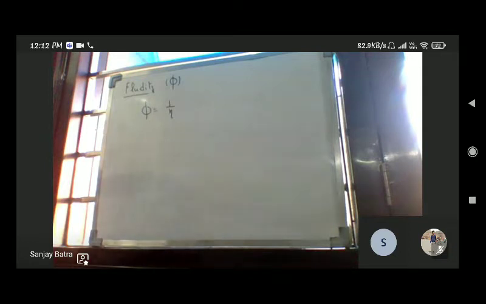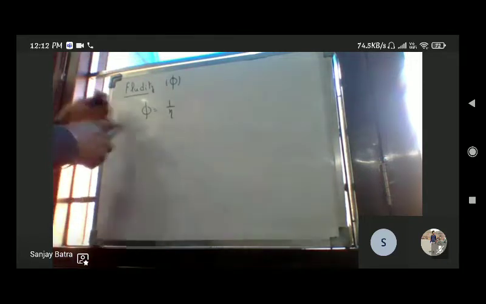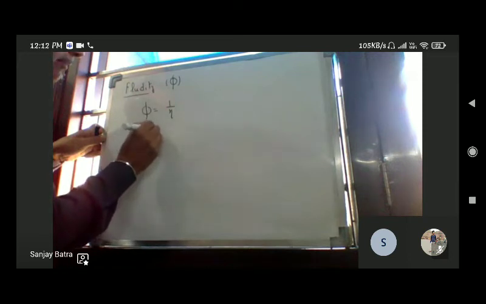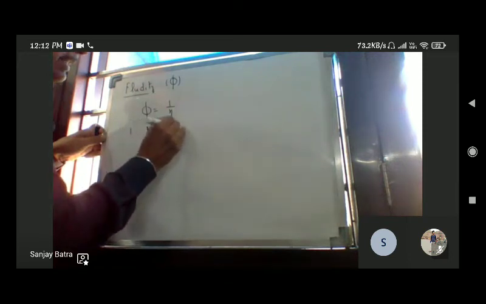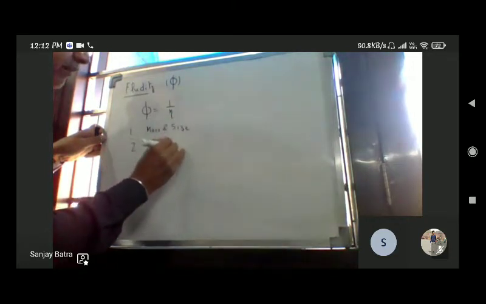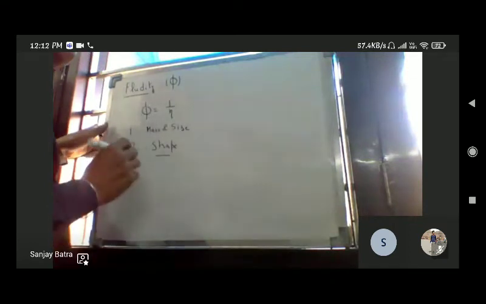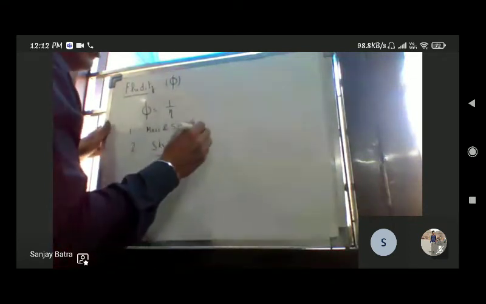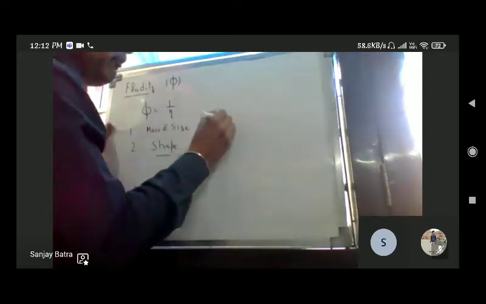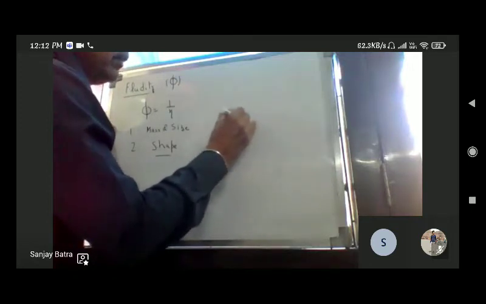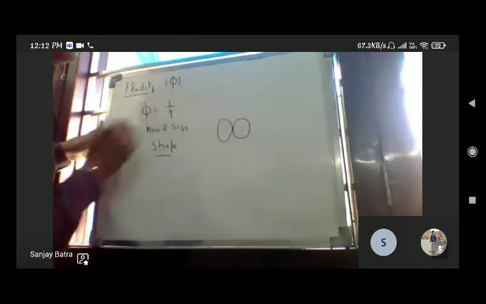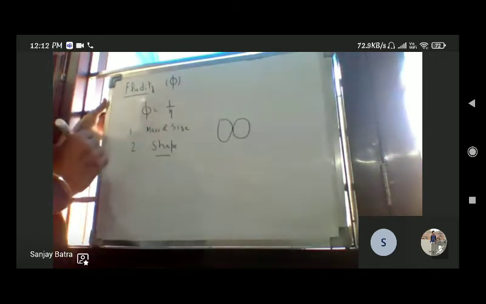Second is shape. I write here, factors on which it depends. Number 1 was mass and size. Second is shape. When I say shape, there are various shapes of molecules. Suppose we talk about surface area interactions, meaning if you have spherical molecules, they are going to have minimum interactions with the surface areas and minimum resistance would be offered.